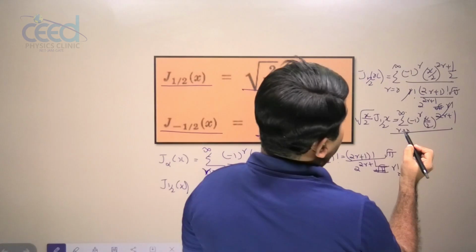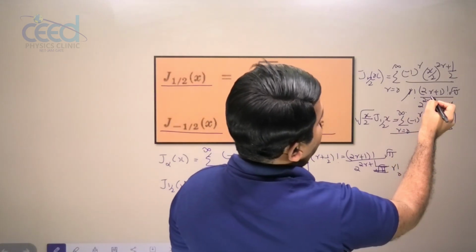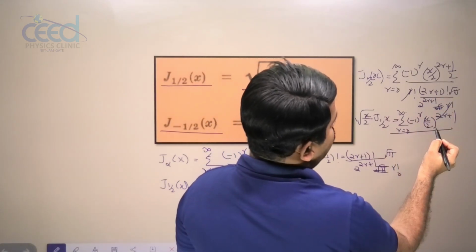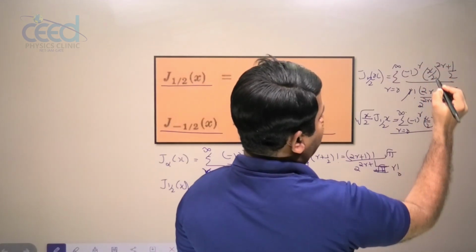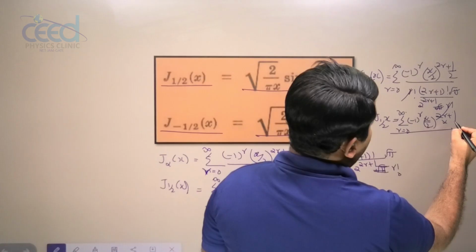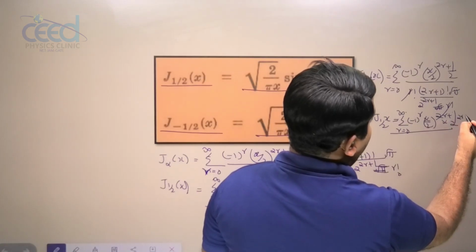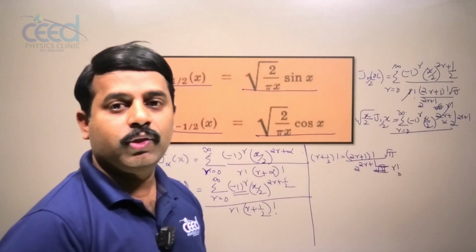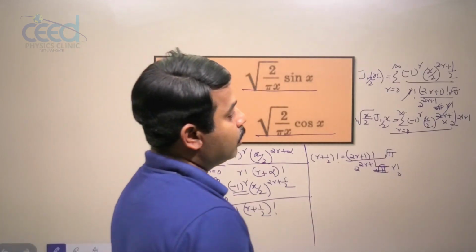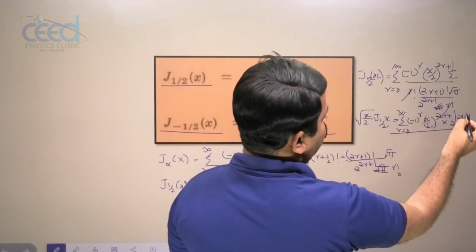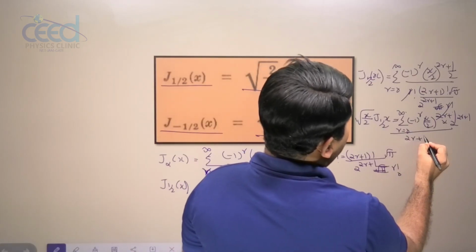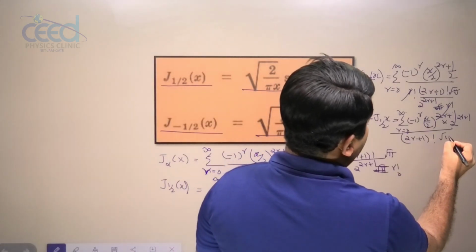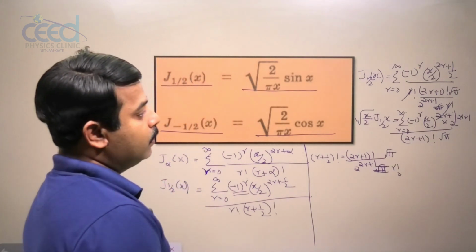And here we have 2^(2r+1), right, that comes here, into 2^(2r+1), alright. So this 2^(2r+1) into (2r+1) whole factorial into root pi, right.